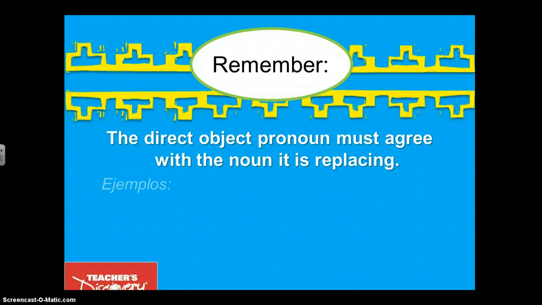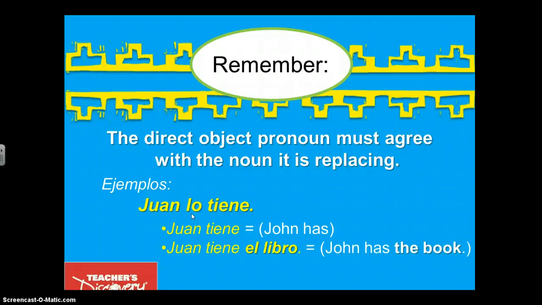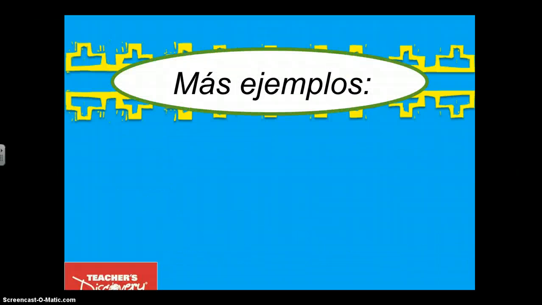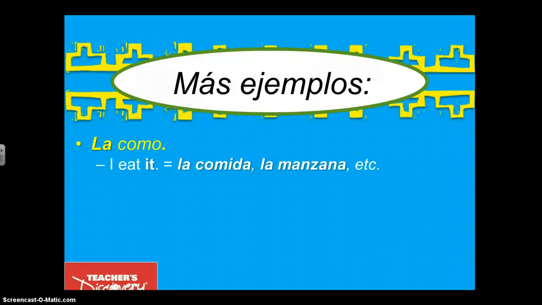Remember, the direct object pronoun must agree with the noun it is replacing. For example, Juan lo tiene, that means this lo is it, and the item that he has is masculine and singular. La como, I eat it.